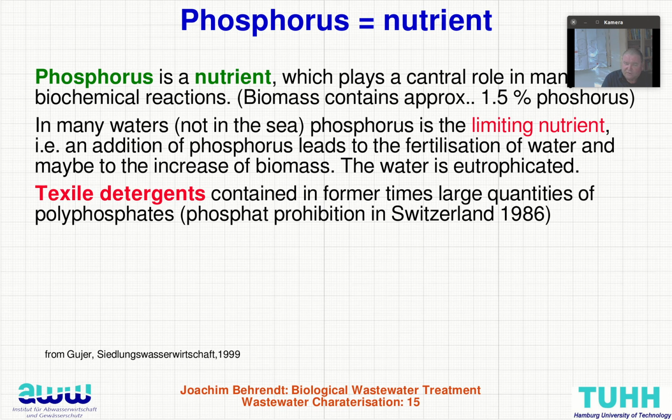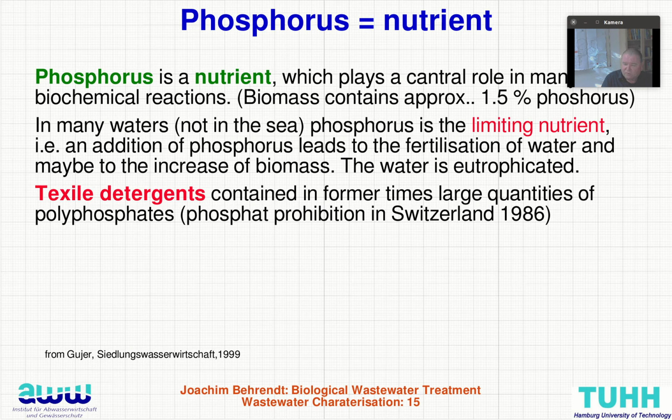But phosphate is an essential nutrient for all organisms. 1.5% is the content of phosphorus in all living material, also in storage material such as biomass, and therefore it is crucial. It is also a resource-limited resource.